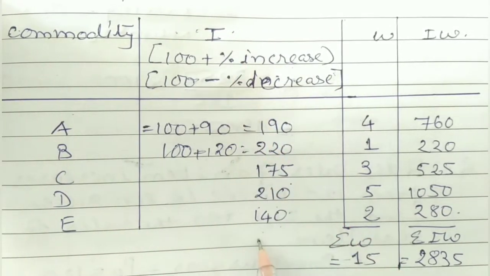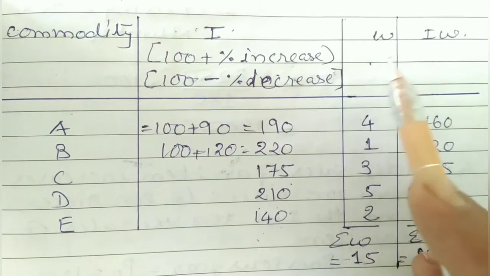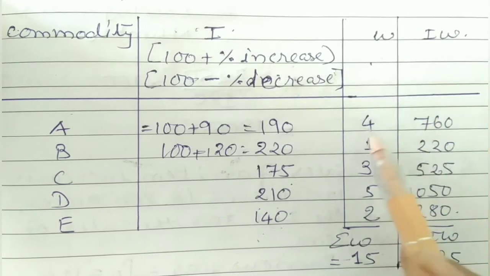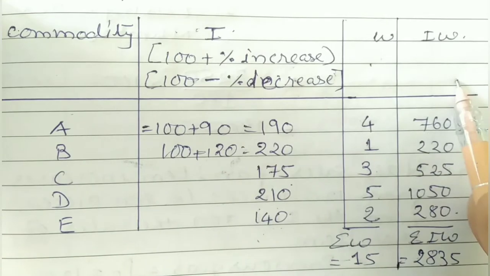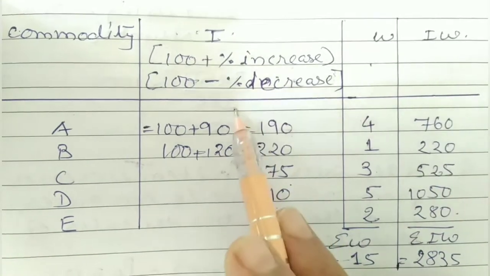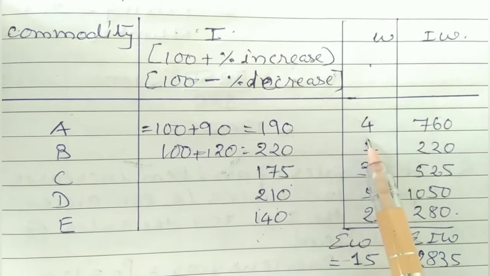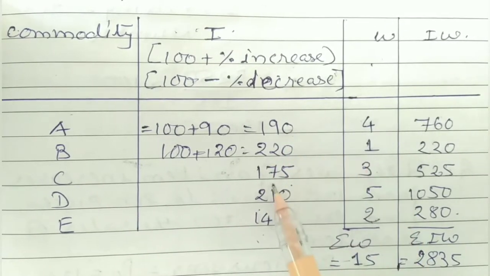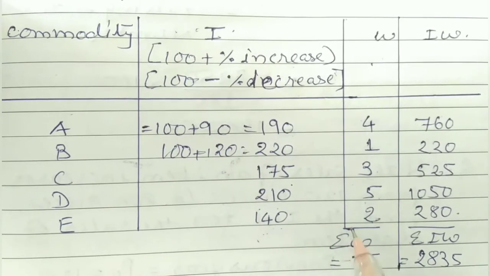So this is your I. The weights, the proportion, are already given to you, so you do not have to do anything. Just place these values: 4, 1, 3, 5, 2. This is your W. Lastly, you have to find IW, that means I into W: 190 into 4, 220 into 1, 175 into 3, 210 into 5, 140 into 2.